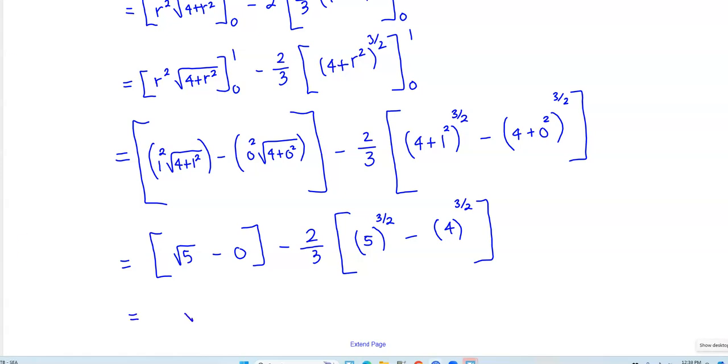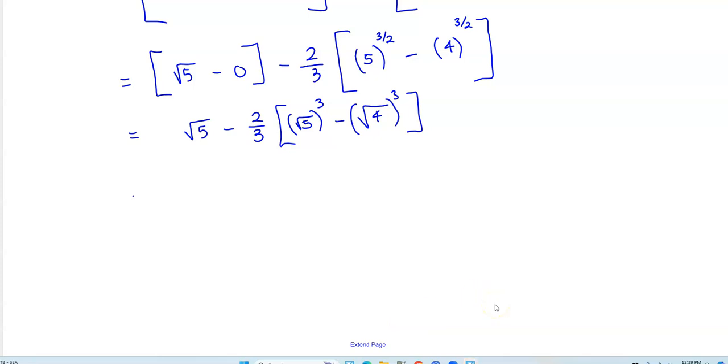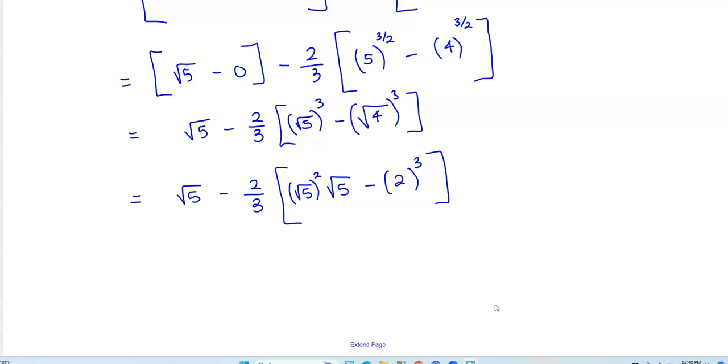So over here we have the square root of 5 minus 2/3 times the square root of 5 to the 3rd power minus the square root of 4 to the 3rd power. So we have the square root of 5 minus 2/3, and this is the square root of 5 squared times the square root of 5 minus 2 to the 3rd power.